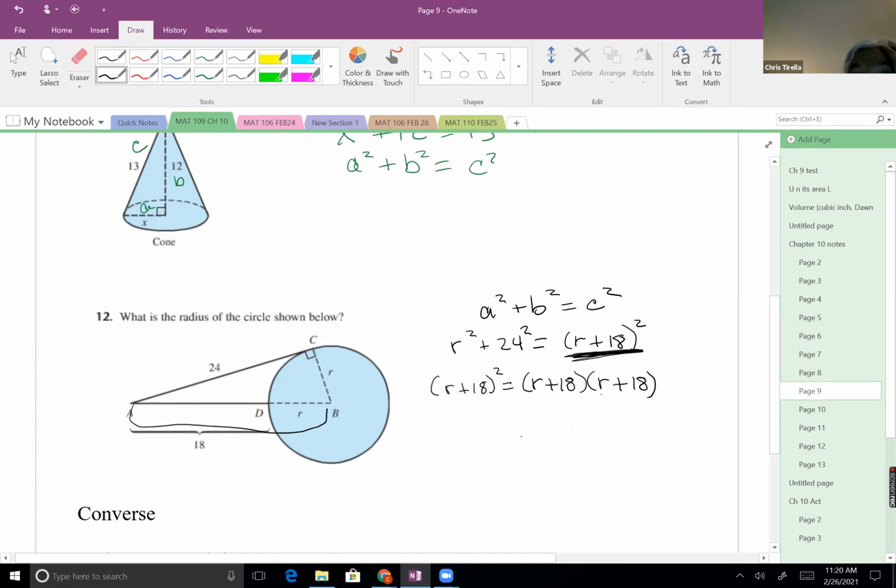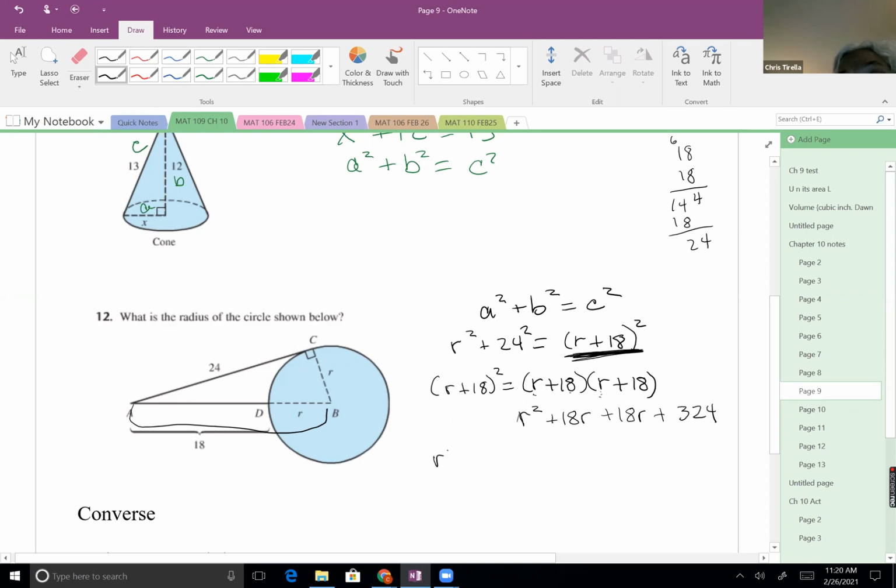So first, r times r is r squared. Outer, r times 18 is 18r. Inner, r times 18 is 18r. Last, 18 times 18 is 324.